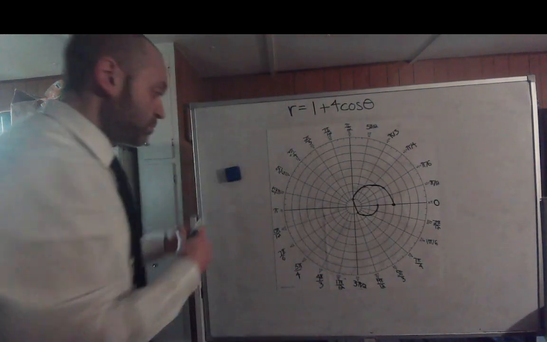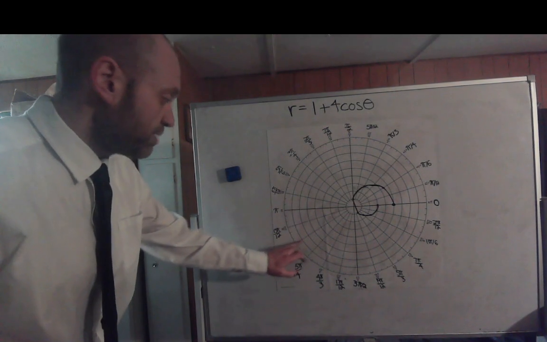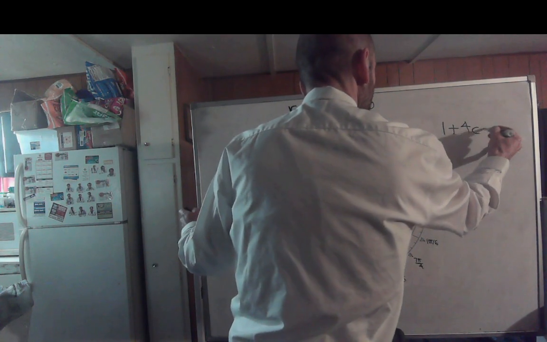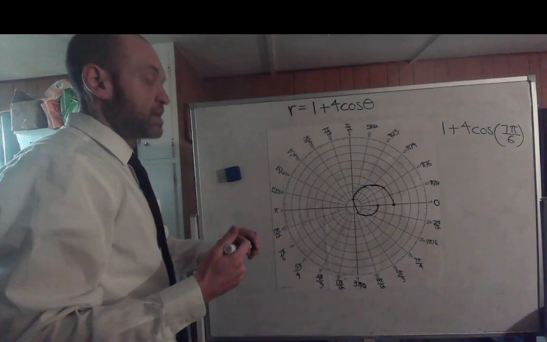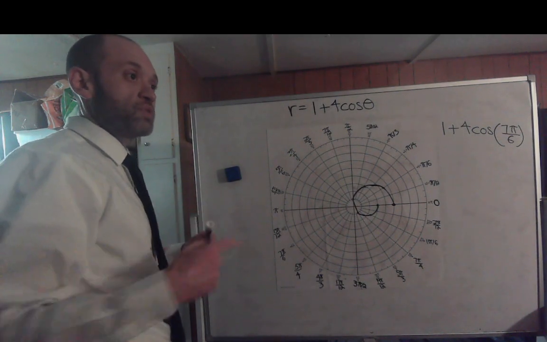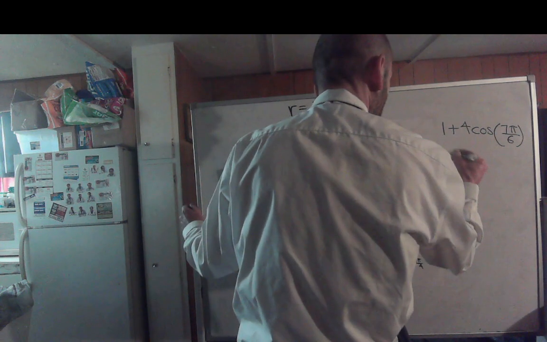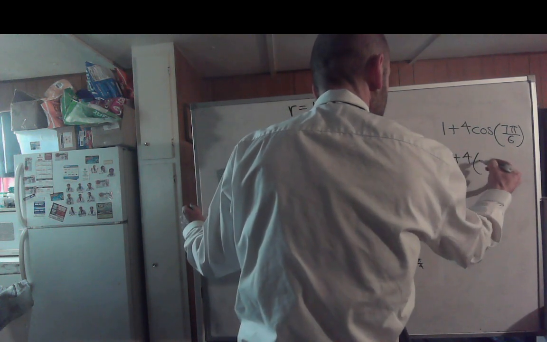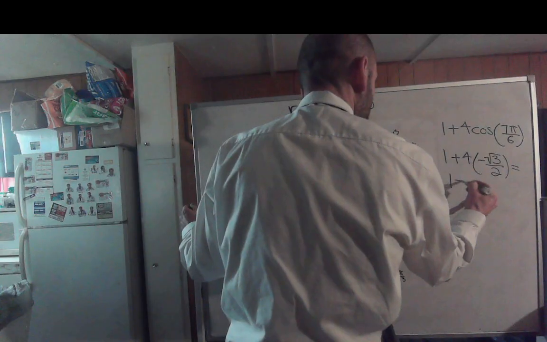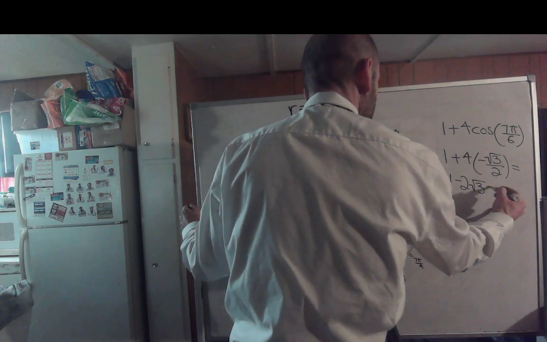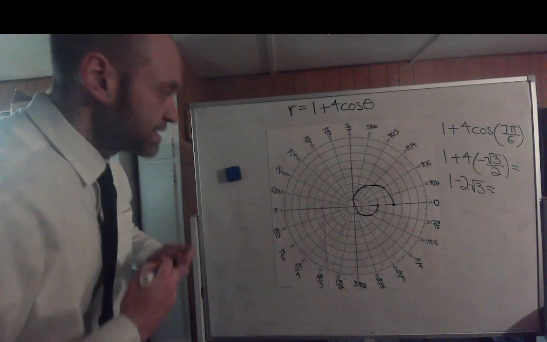Alright, next we're in the third quadrant, so let's go to 7 pi over 6. So 1 plus 4 times the cosine of 7 pi over 6. Well, it's also negative cosine since we're in the third quadrant. Cosine of pi over 6 is normally square root of 3 over 2, so you'd end up having 1 plus 4 times negative square root of 3 over 2, which is the same as 1 minus 2 times the square root of 3. Let's get a decimal approximation for that.